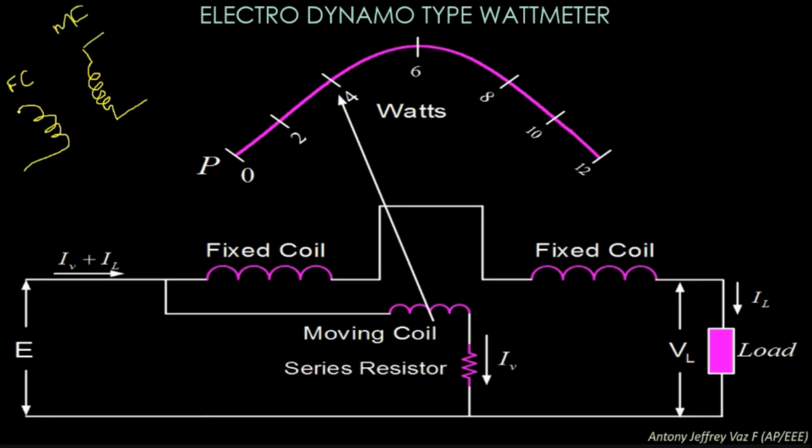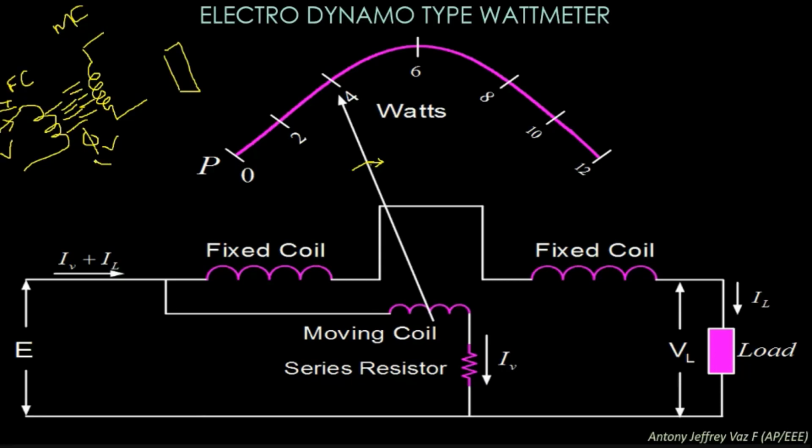If you supply a voltage and a load is connected, then the current will flow through the fixed coil. A magnetic flux is produced by the fixed coil as well as by the moving coil. These two magnetic fluxes interact and help to move the pointer on the graduated scale.